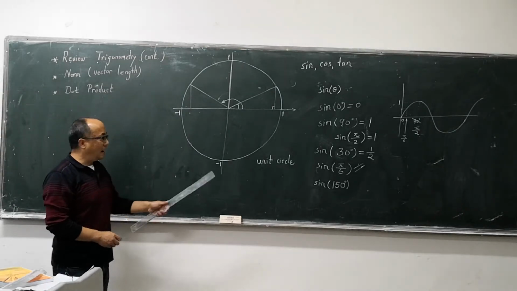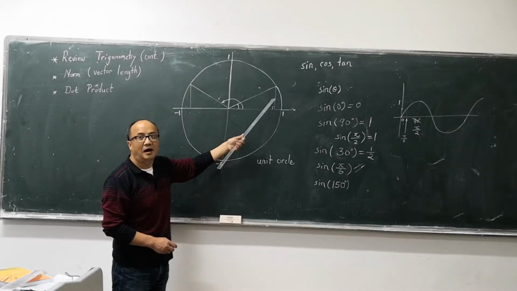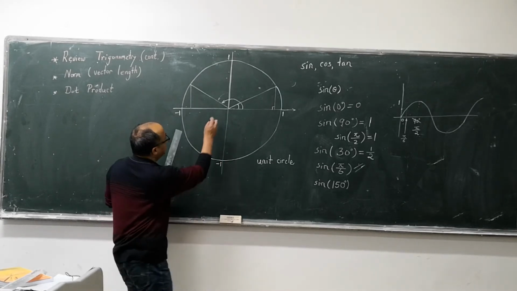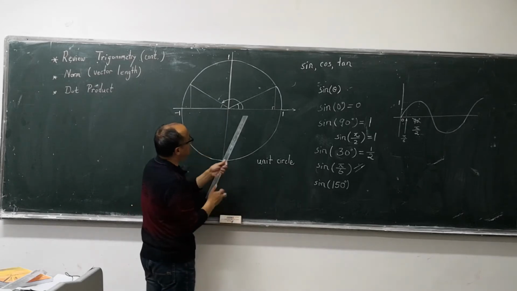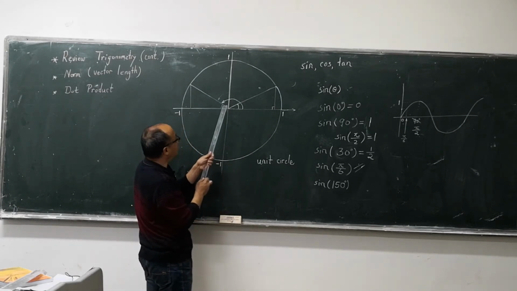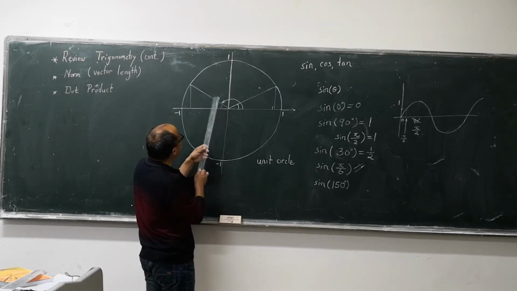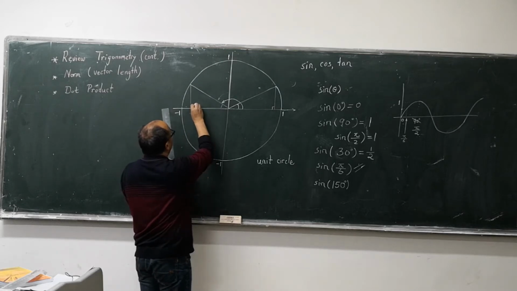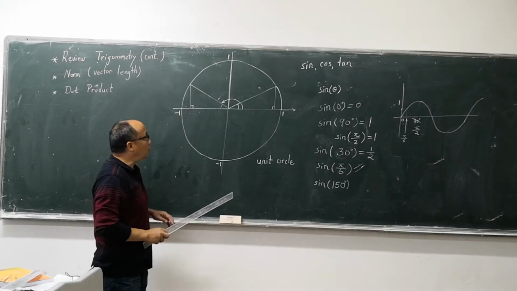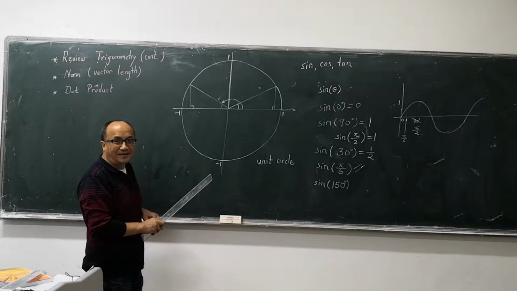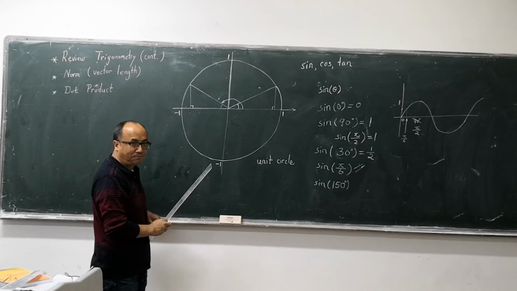And this length and this length are equal, because for this part, it's 30 degree. 150 is just short of 30 degrees from flat, 180 degrees. So this right triangle and this right triangle are the same.